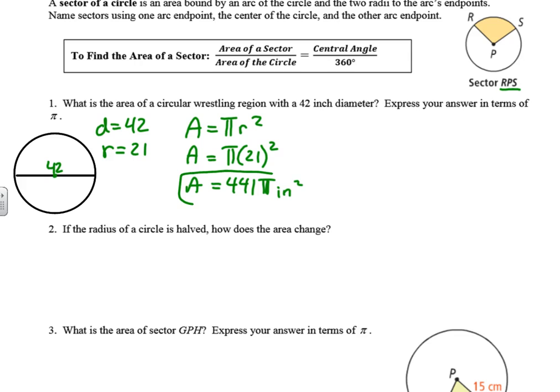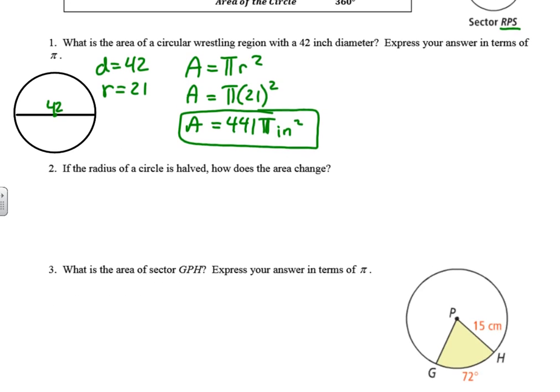If the radius of a circle is halved, how does the area change? Let's look at an example. Here's a circle, and let's say the radius is 10. The area would be pi times 10 squared, which is 100 pi.